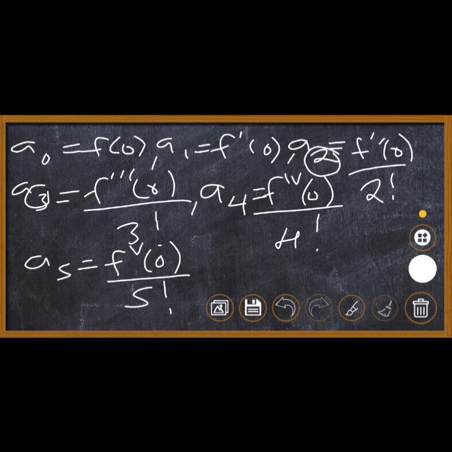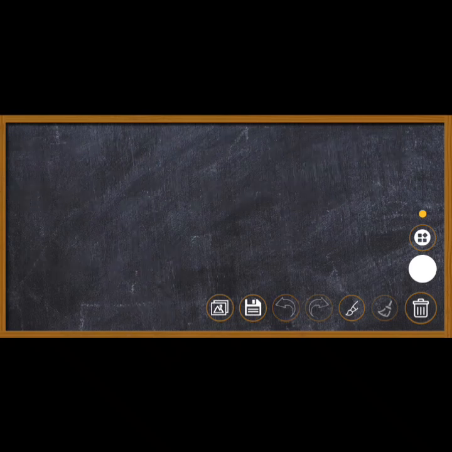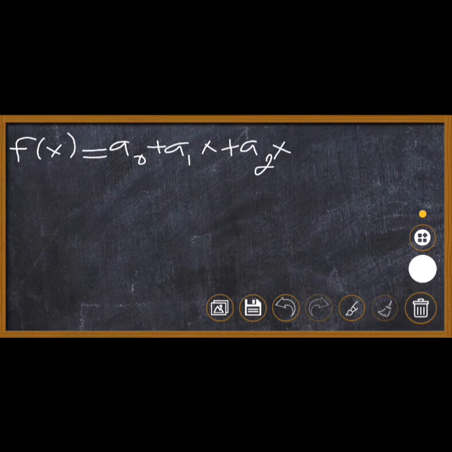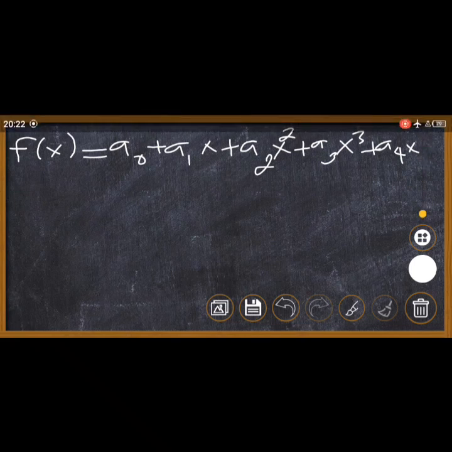Now remember, at first we had f of x as our power series, which was a0 added to a1 x added to a2 x squared added to a3 x power 3 added to a4 x power 4.